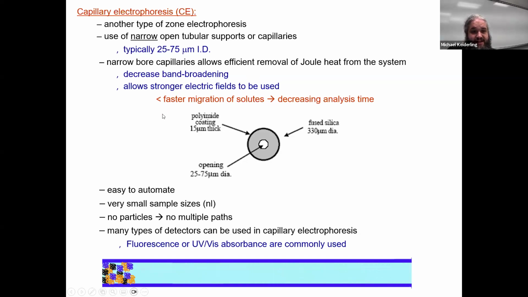Capillary electrophoresis is nice because it's easier to automate. You can use very small sample sizes like nanoliters. Because there are no particles, there are no multiple paths. And many types of detectors can be used. Fluorescence or UV absorbance is commonly used.